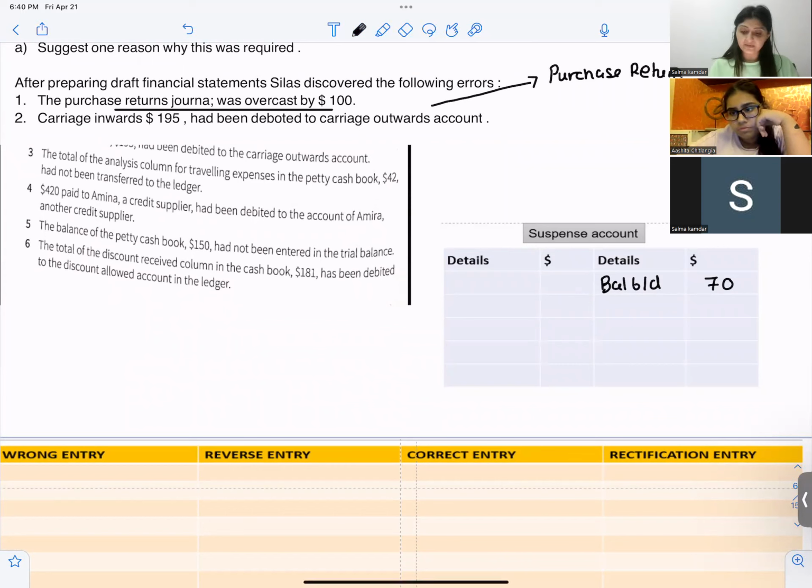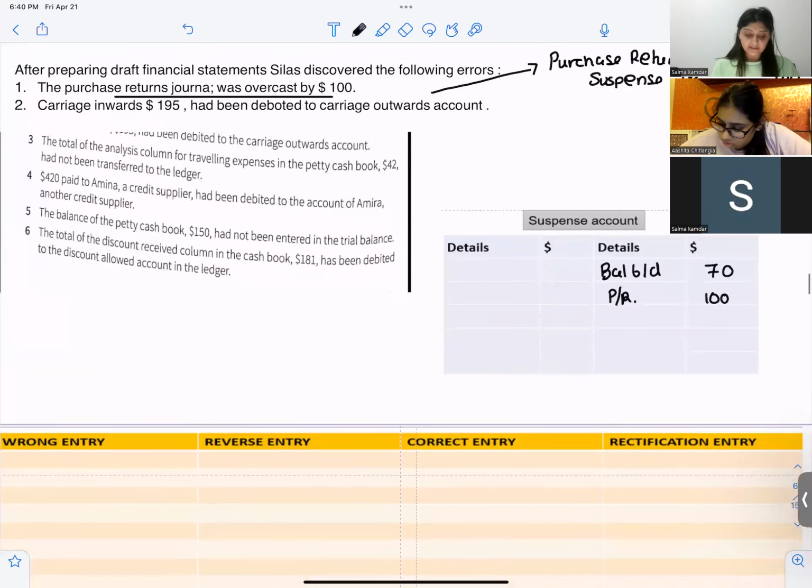So purchase return will be debited and suspense credited. Which side of the suspense will I record this on? On the credit side. What will I record? Purchase return 100. Okay, next one.